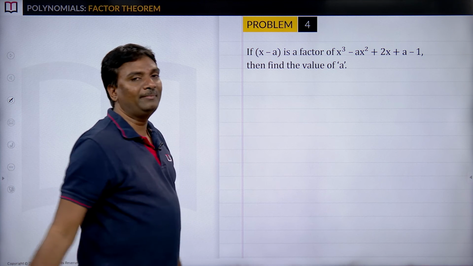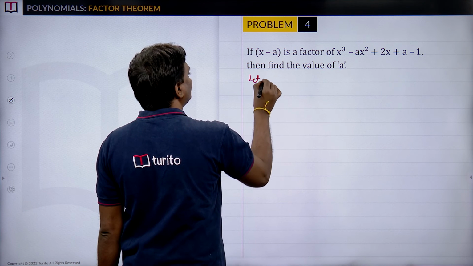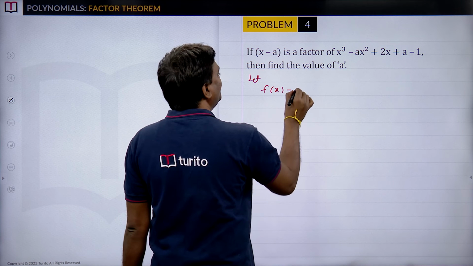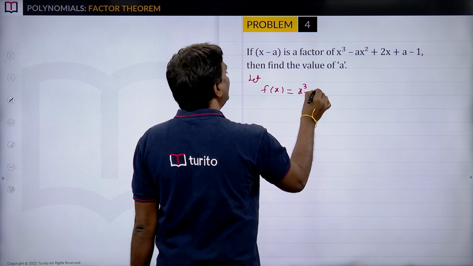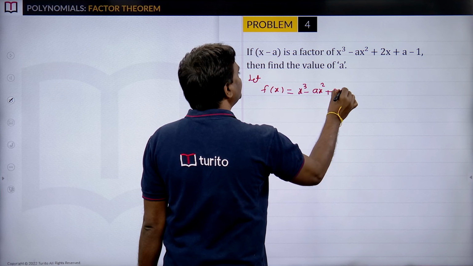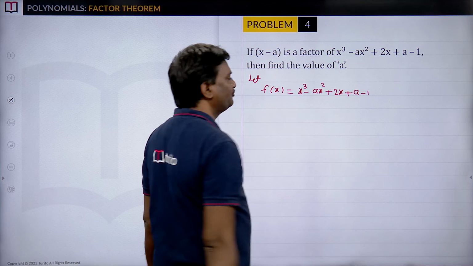So, first of all, I am taking the given polynomial as some f of x. Let f of x equal to x cube minus ax square plus 2x plus a minus 1.